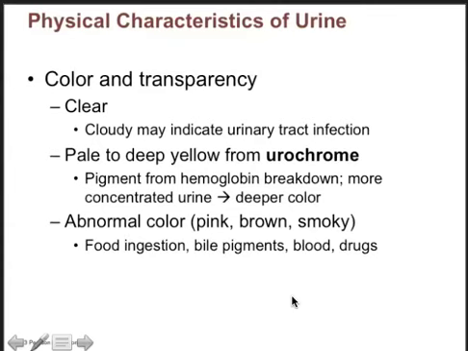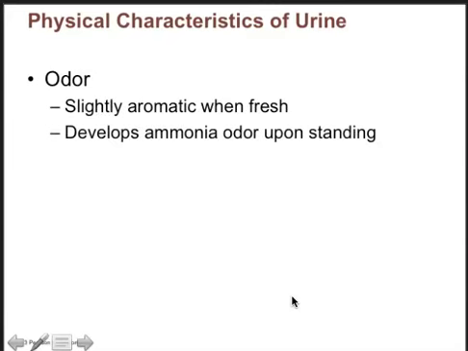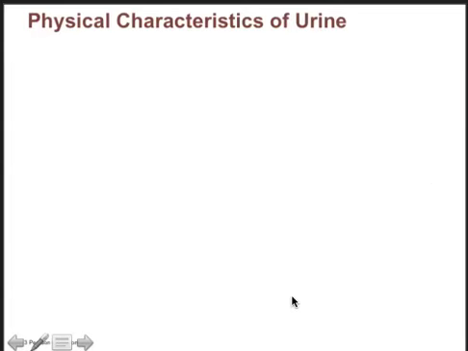This can result from food ingestion, the presence of bile pigments, the presence of blood, or the presence of certain drugs in the urine. It should be slightly aromatic when fresh and develops an ammonia smell upon standing as a result of bacteria breaking down the urea in the urine. It can be altered by some drugs and vegetables. Asparagus is an example.